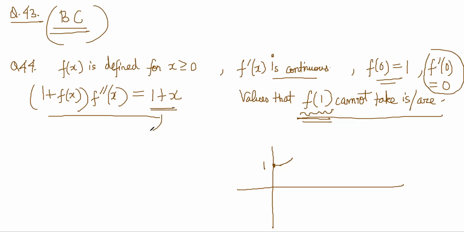1 plus x is positive because x is positive, and that means 1 plus f(x) will also be positive. Why? No, it won't be. This is positive means this whole thing is positive. So that means this could be positive positive or it could be negative negative.